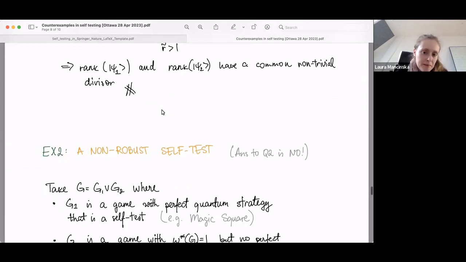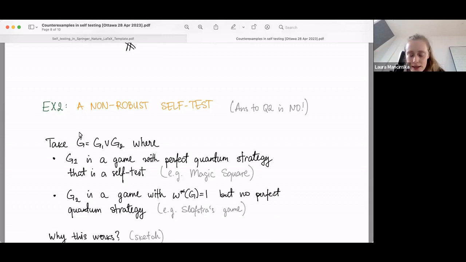That was the only thing that mattered. And here again, it's just going to be some properties about these games that matter. So for G1, I want to take a game that has a perfect quantum strategy, so a strategy that wins with probability 1, and that is also a self-test. For example, we could take the magic square game again.